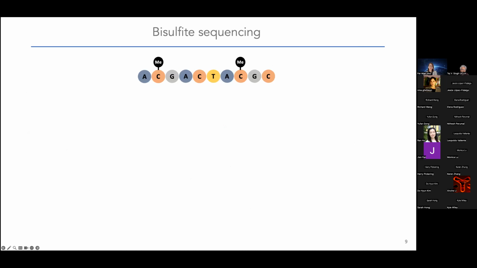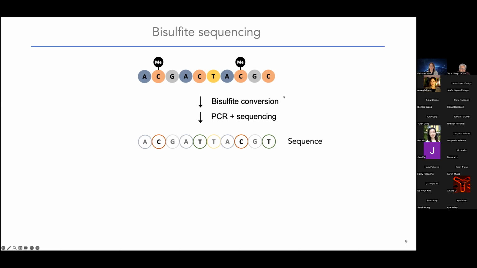Let's talk about bisulfite sequencing, which has been developed for decades for us to acquire cytosine methylation at single base resolution. You can see here a DNA sequence with the cytosines labeled as methylated or unmethylated. For this sequence, we treat it with sodium bisulfite at high temperature for a long enough time.